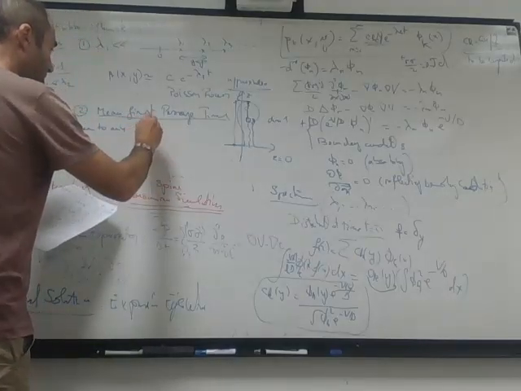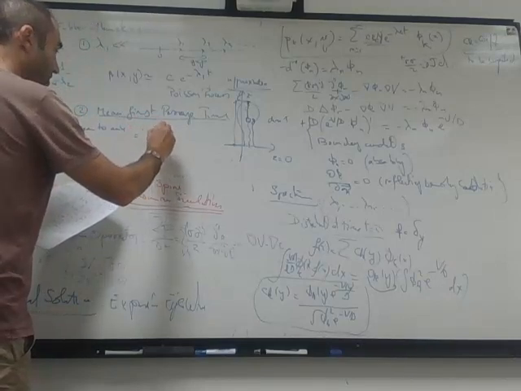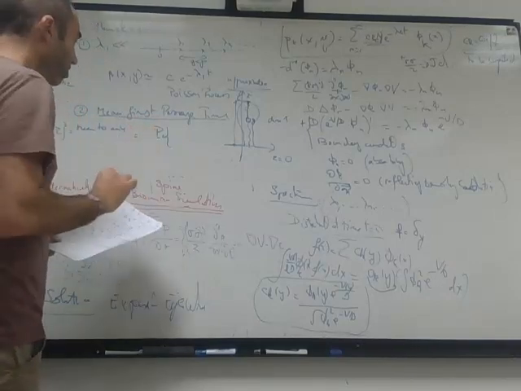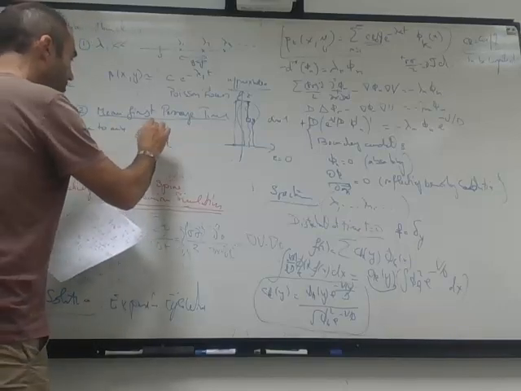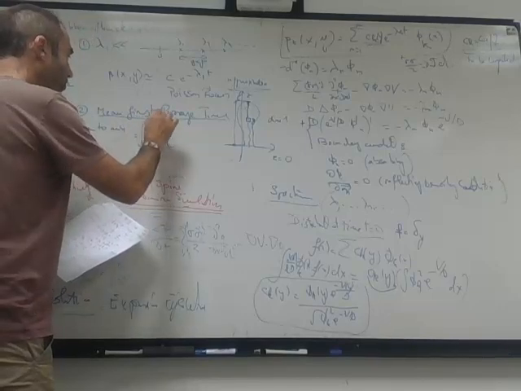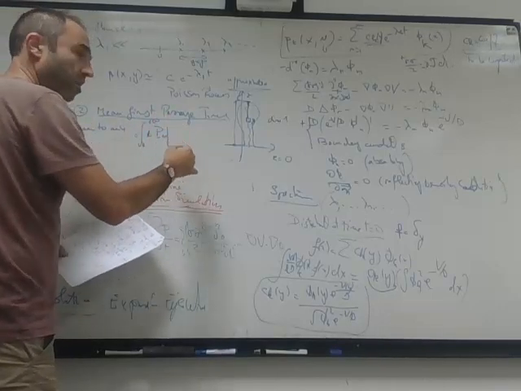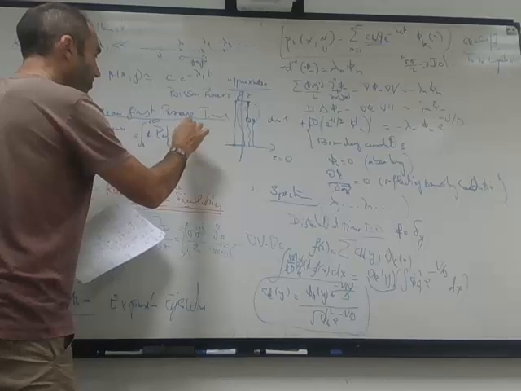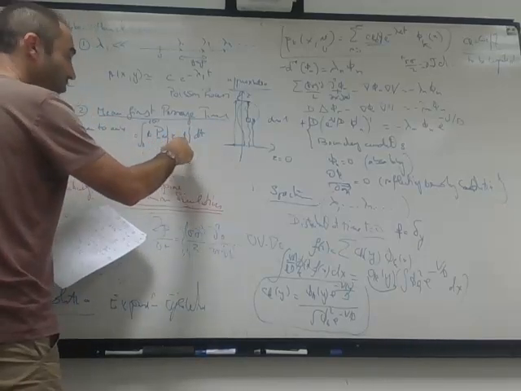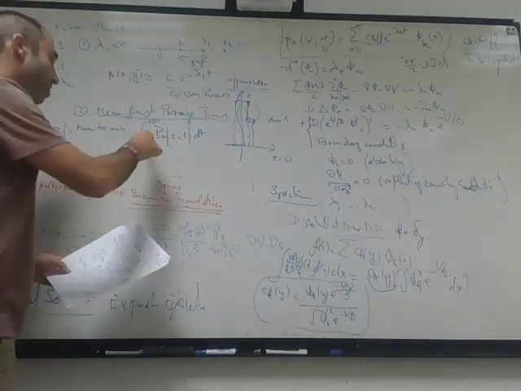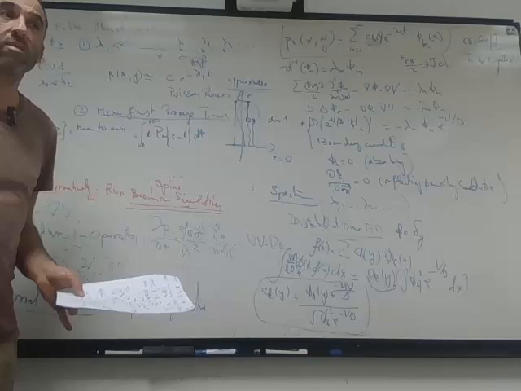Okay, let's go slowly. The arrival time, the mean time, is going to be the integration from 0 to infinity of t times the density distribution of the time, dt. This is the probability that the time equals t. So if I know all the distribution, this is the way I should calculate it.